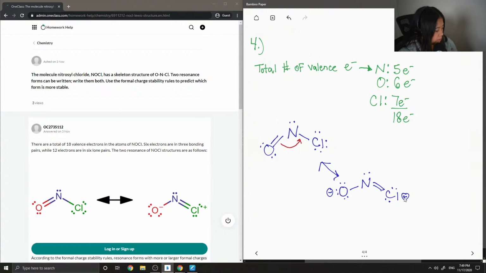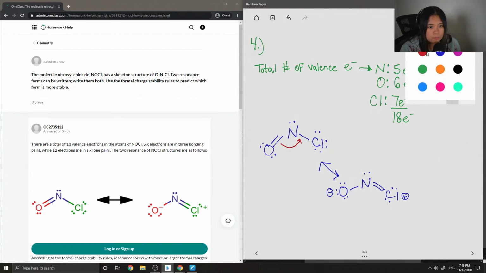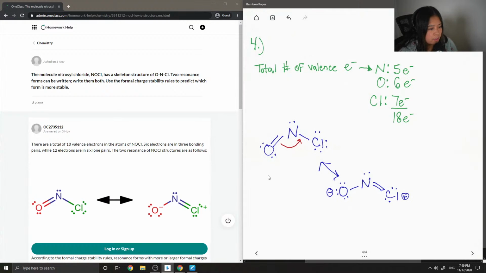And a double bonded chlorine that has a positive charge. Okay, so let's just show the formal charges for our first compound, just to show how all of them are neutral.